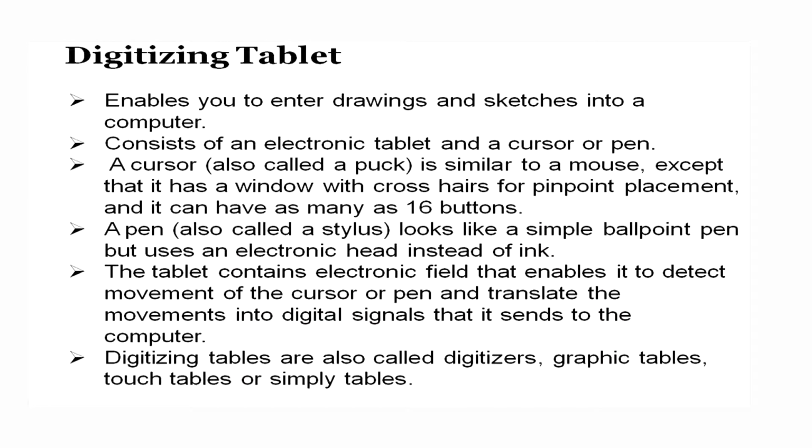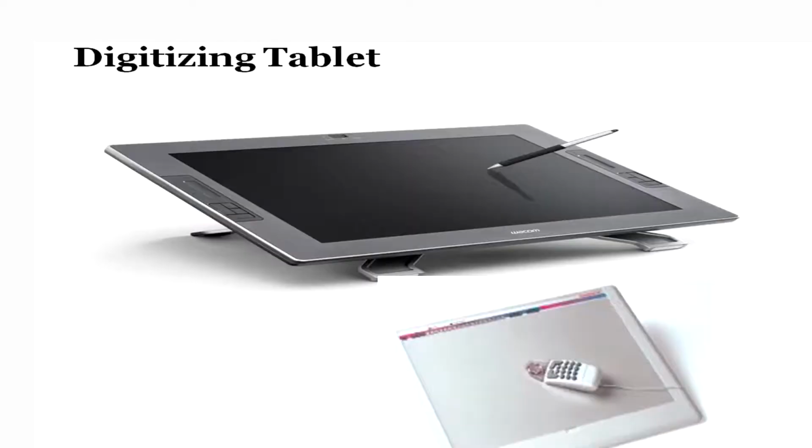Next device is the digitizing tablet. It helps us to enter drawings and sketches into a computer. It is a tablet basically with a cursor and a pen. A cursor is just like a mouse and a pen is just like a stylus. You can draw directly on the screen. You can see in the next slide the tablet. The upper tablet is containing a pen.